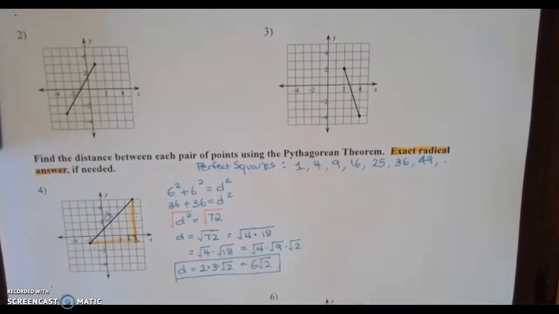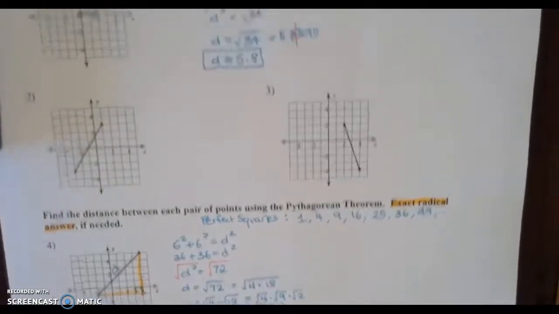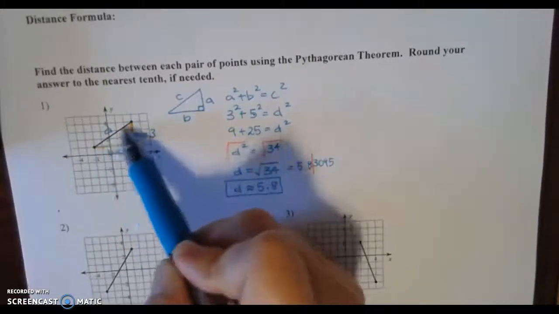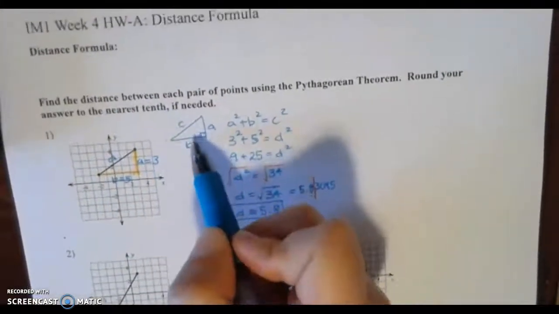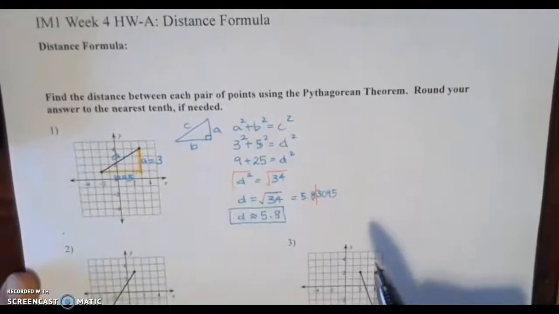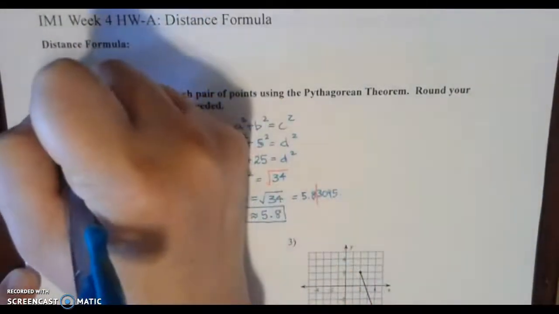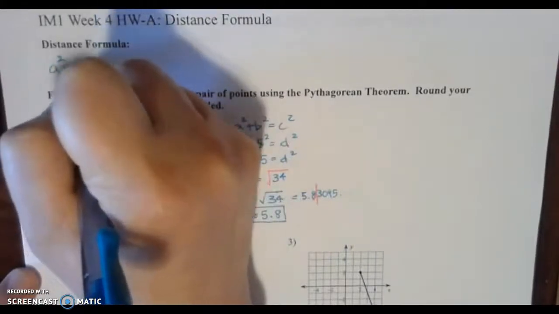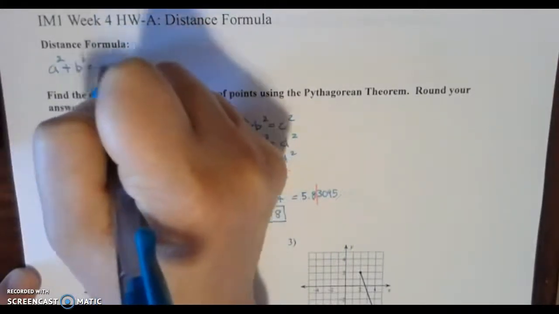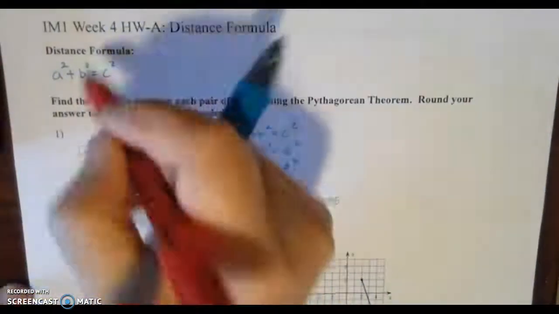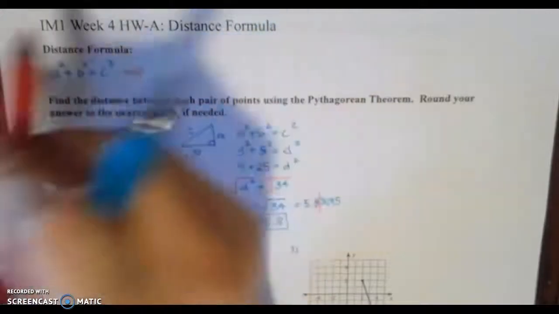We've done this before. So let's think about the distance formula. What we're doing is actually using a squared plus b squared is c squared. From a squared plus b squared is equal to c squared, what is a squared?